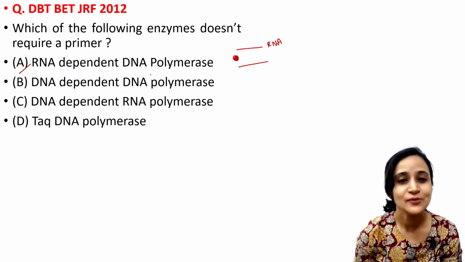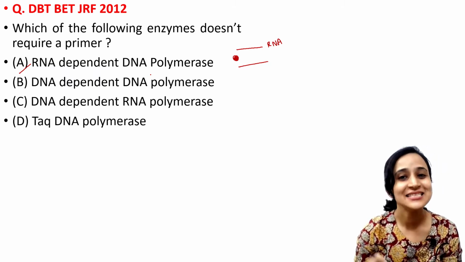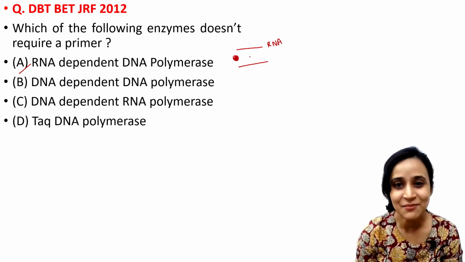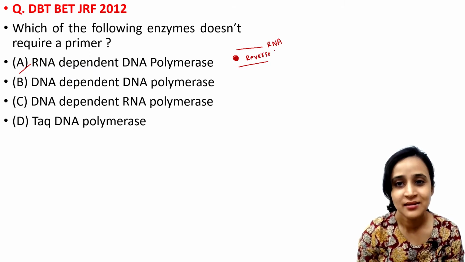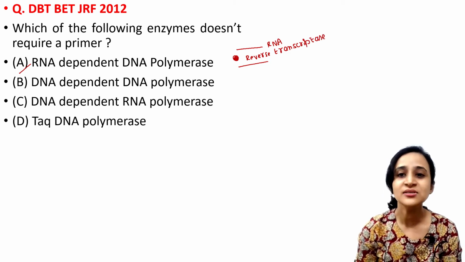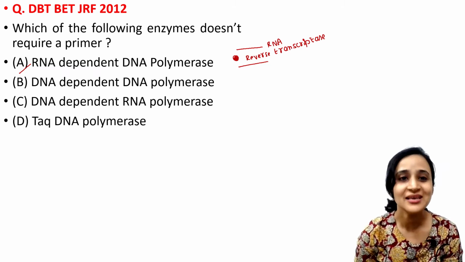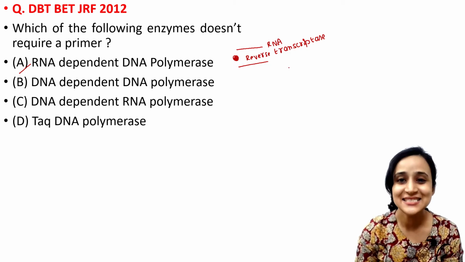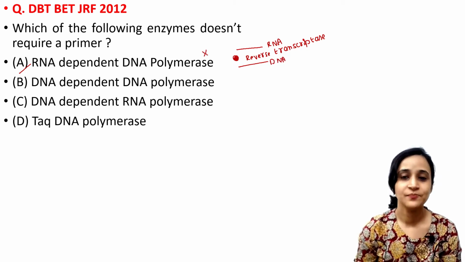So what is that enzyme? That is nothing but reverse transcriptase. Reverse transcriptase always requires a primer to generate the DNA strand. So this is not the answer.